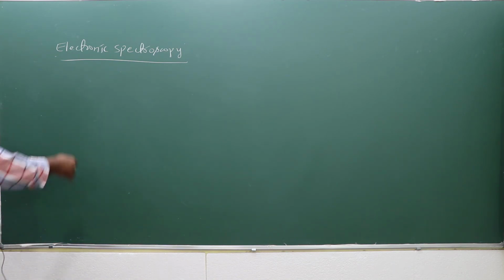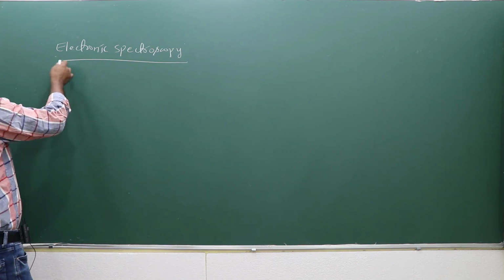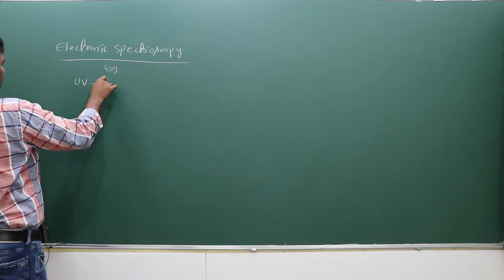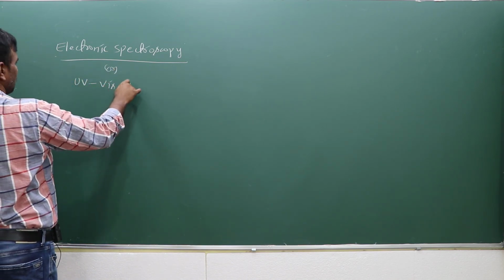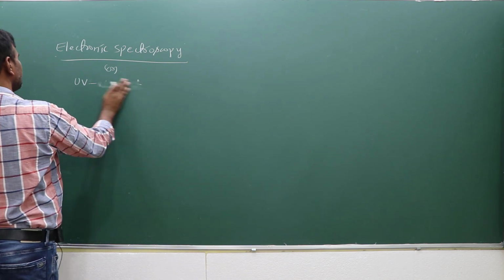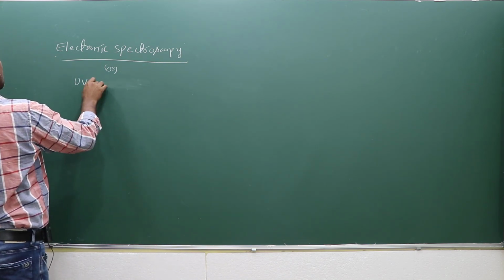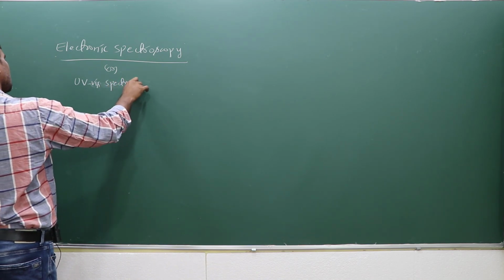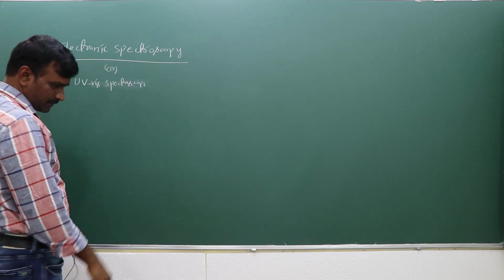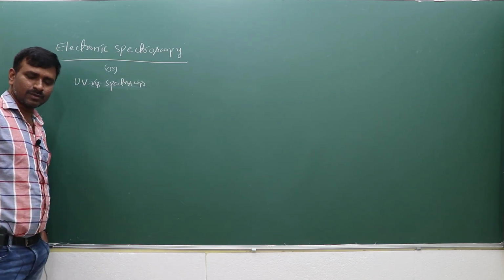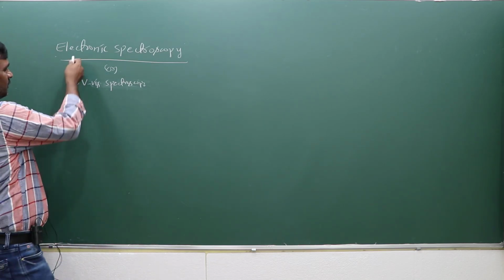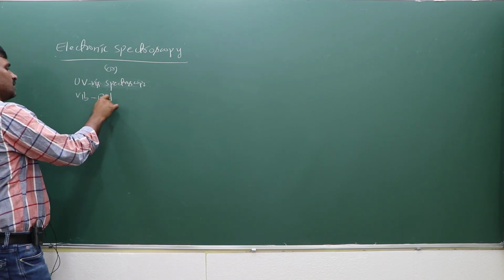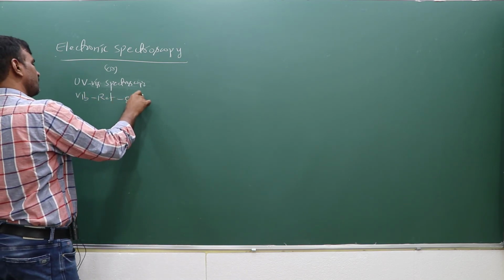This electronic spectroscopy is also called UV visible spectroscopy or UV spectroscopy, or vibrational rotational electronic spectroscopy.